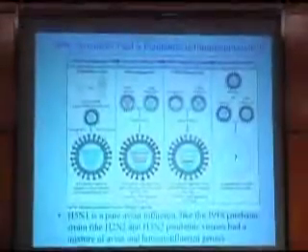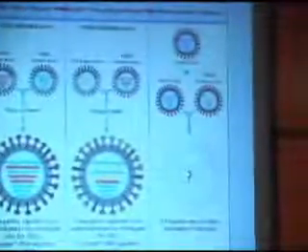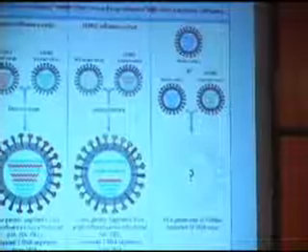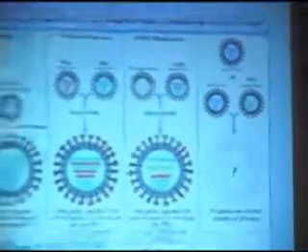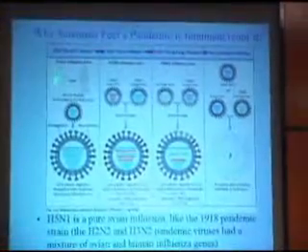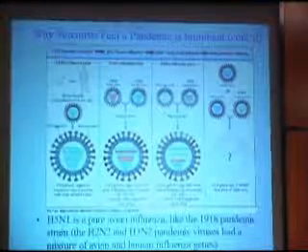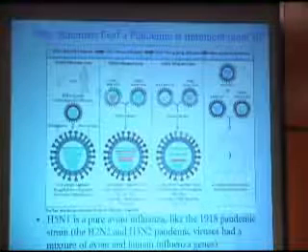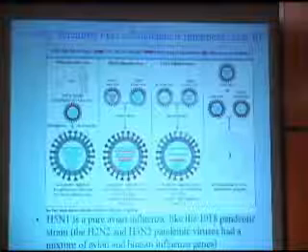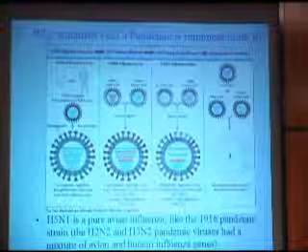Now this is kind of an intricate but important slide that I want to show you. This is the 1918 pandemic, this is 1957, 1968, and the next pandemic. So you'll notice that in 1918, the virus was a direct, pure avian flu that learned to transmit to man. Whereas for 1957 and 1968, it was a reassorted flu.